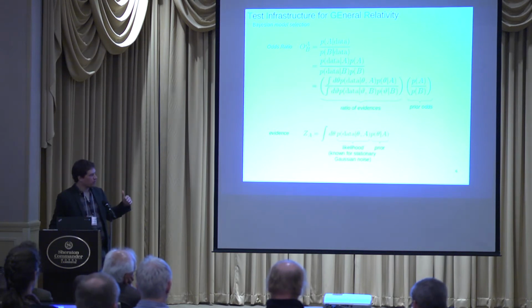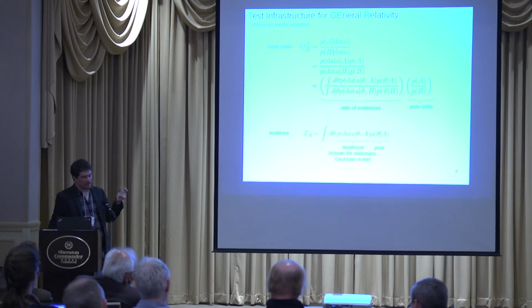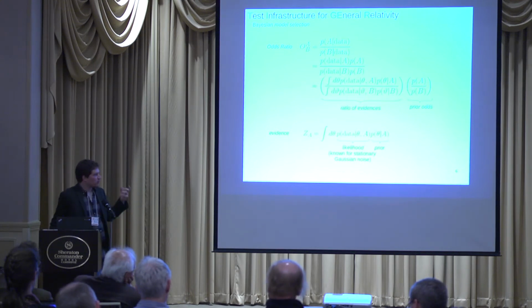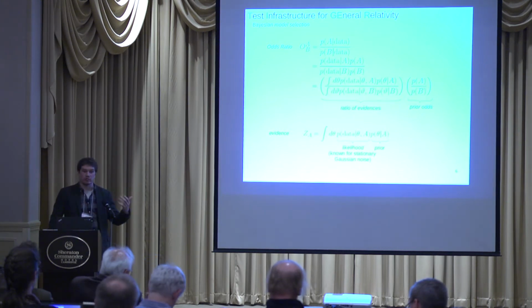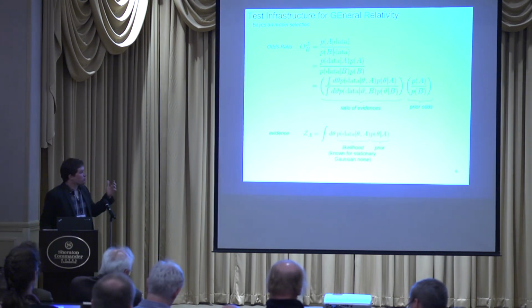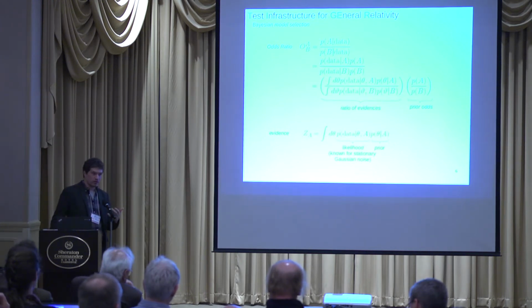You integrate those out, and the probability of getting the data given each parameter, integrated over these things, is the evidence. It's a measure of how well your model fits your data. So this is what you compute for each model you have, and then you can compute these ratios, and that tells you which model you prefer. So this is what TIGER does, and it's a well-evolved, studied and characterized pipeline that the collaboration uses.